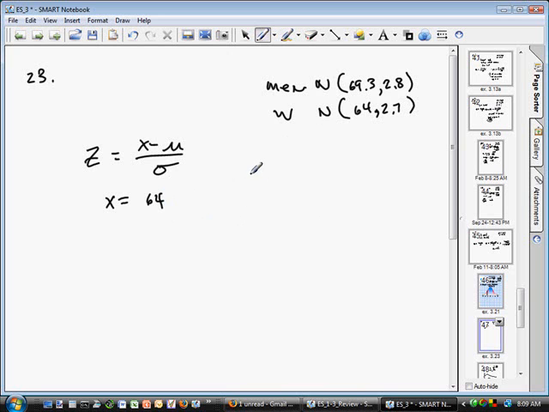Okay, so then the z-score would be 64 minus, and now this is back to men again, right? So I have to use 69.3, and I have to use the men's standard deviation. Okay, what do we get on top? Negative 5.3.